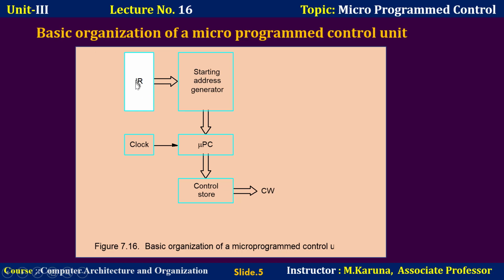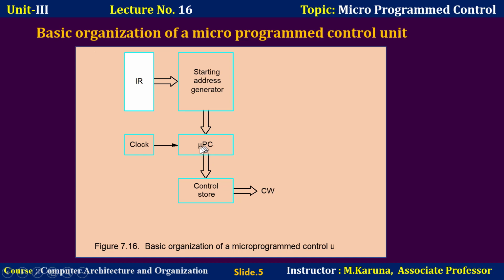To execute that instruction, some micro instructions are required. The starting address generator is used to generate the starting address of the micro instruction that will be loaded into the program counter. The micro program counter is used to save the address of the next micro instruction.